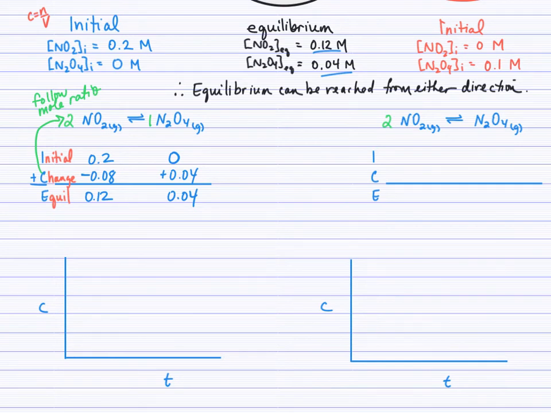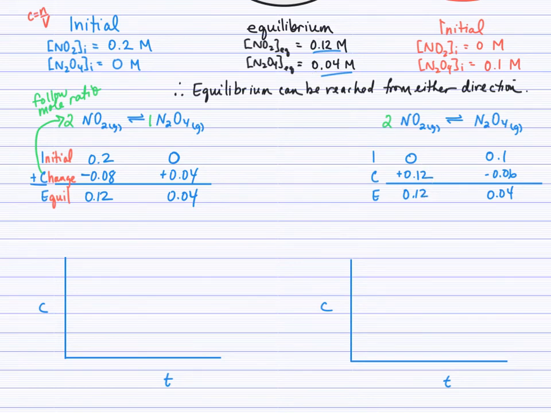Okay, see if you can complete the ICE table on the right for the situation from the picture in red. Okay, hopefully this is what you came up with. Again, my initial concentrations were stated here in red. The equilibrium concentrations are from the diagram in black ink, and I've constructed my ICE table accordingly.